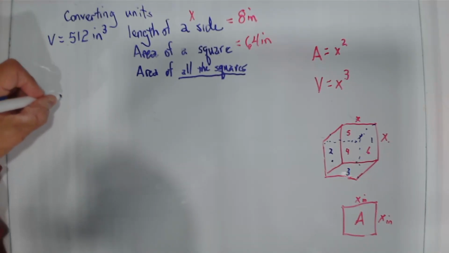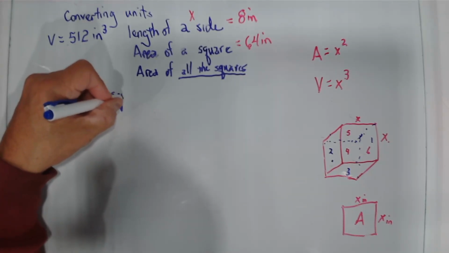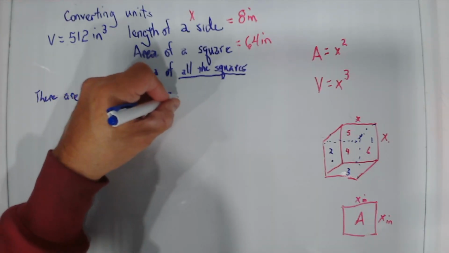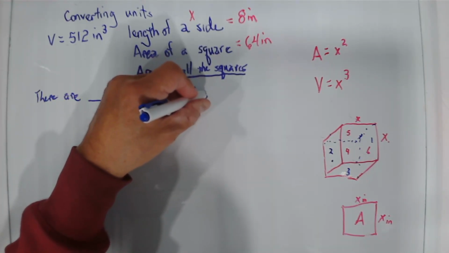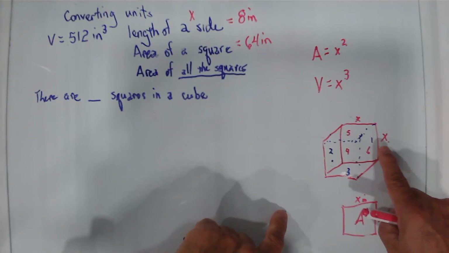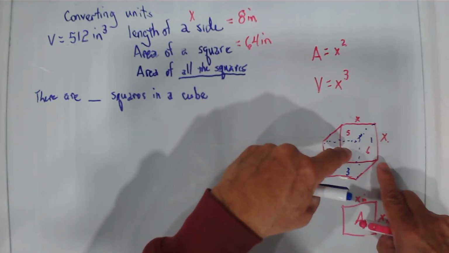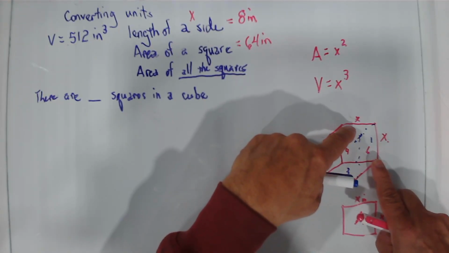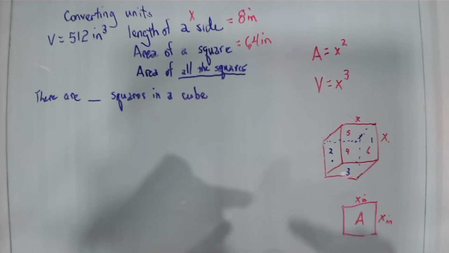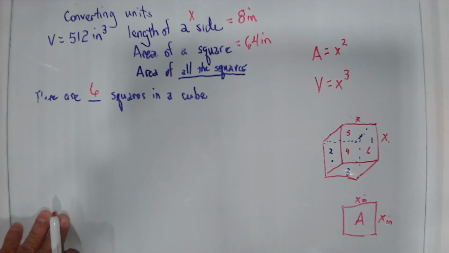There are blank squares in a cube. Okay, so let's see what we had. We've got 1, 2, 3 that we can see, and then behind it we have 4, and behind here 5, and behind this, the front face, we have 6. So we know that there are 6 squares in a cube.